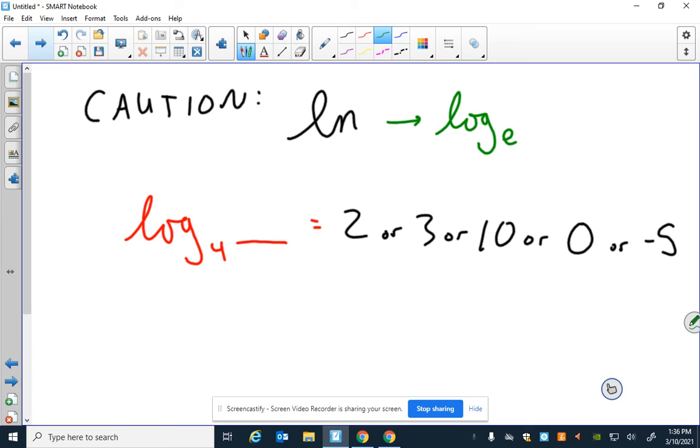The argument, this guy right here, is never going to be negative. Not ever. Because 4 to any power, or 5, 6, 7, or 8 to any power is never going to be negative. I don't care if you raise 4 to the -3. It's 1 over 64. It's not going to be negative.